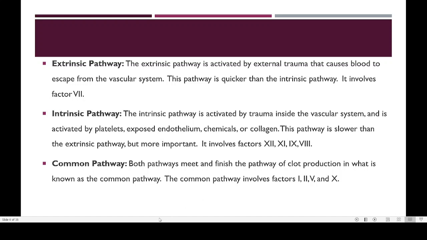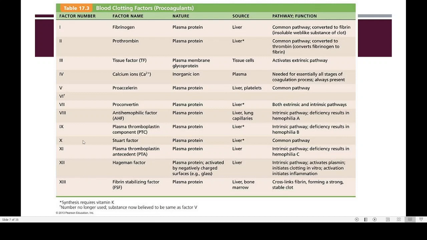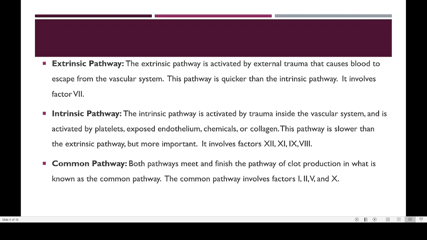Factor 8 is the anti-hemophilic factor, then plasma thromboplastin component or PTC, then plasma thromboplastin antecedent, and Hageman factor. These are the four factors uniquely present in the intrinsic pathway. The difference between the extrinsic and intrinsic pathways is that one is caused by external injury, the other by internal injury. That is the basic difference.